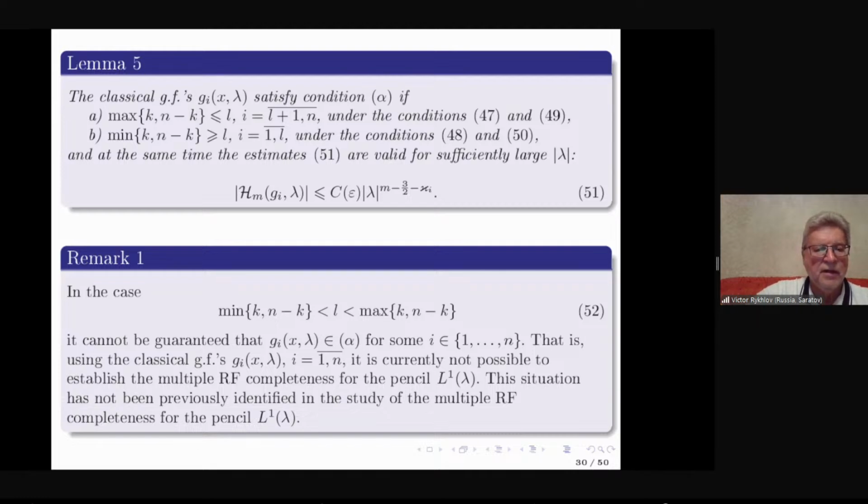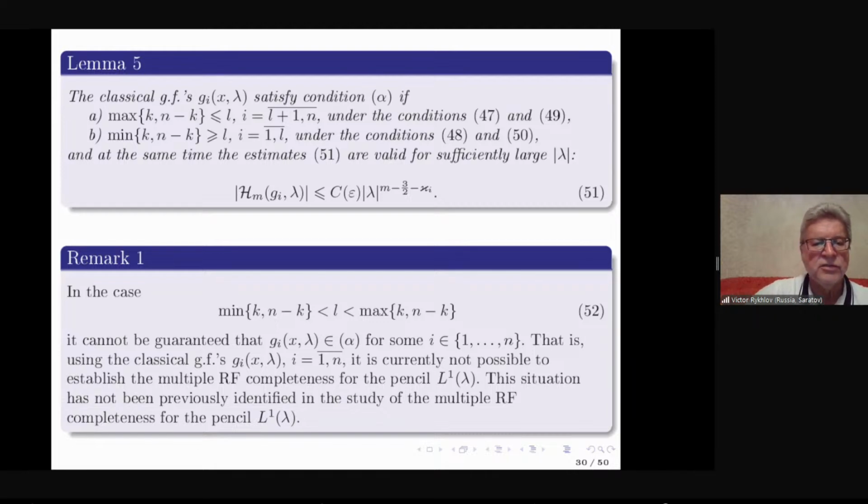Remark 1. In the case the minimum of k and n minus k is less than l, less than the maximum of k and n minus k, 45, it cannot be guaranteed that g_i of x, lambda belongs to alpha for some i from 1 and so on to n.